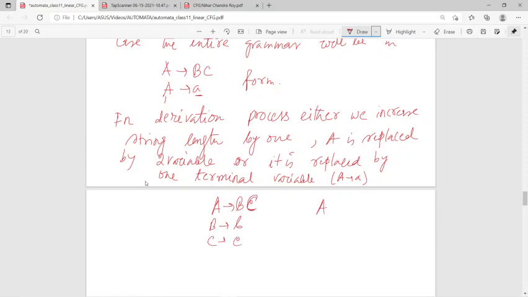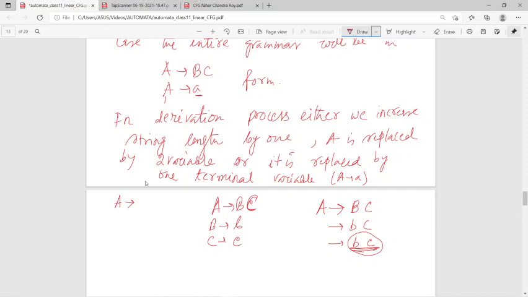So from A we are getting BC, and then we are replacing B, and then we are replacing C. So if we want to generate a string of length w, say 2, then we are applying this rule, then again. So in the worst case, if we want to generate a string of length 2, we have to substitute this 4 times, but it may be possible like that.